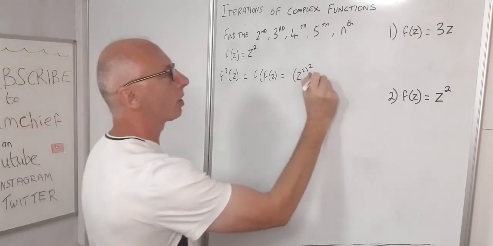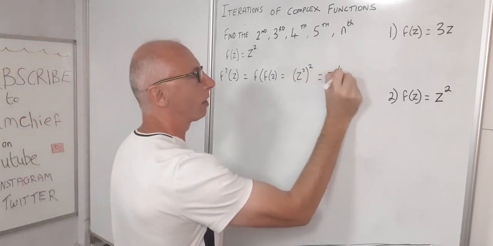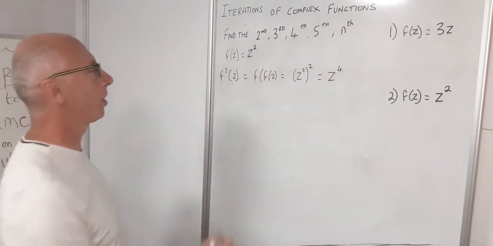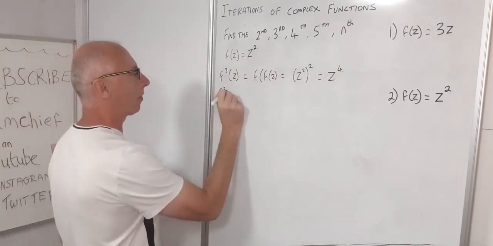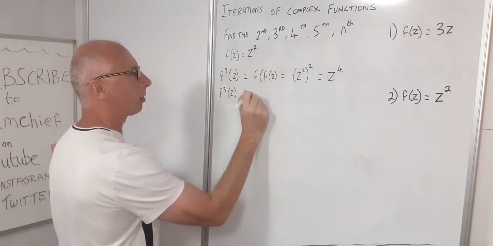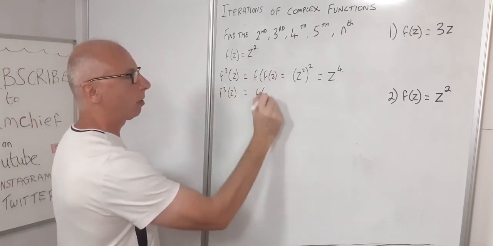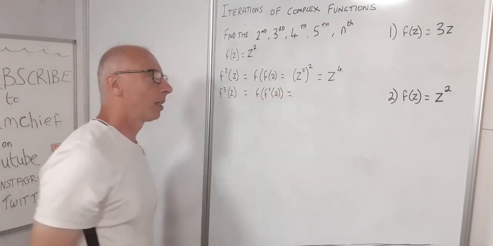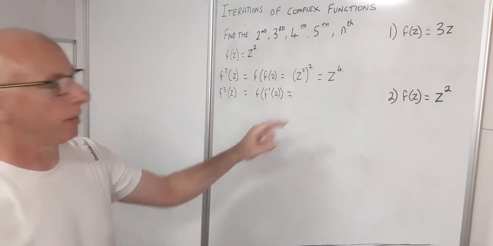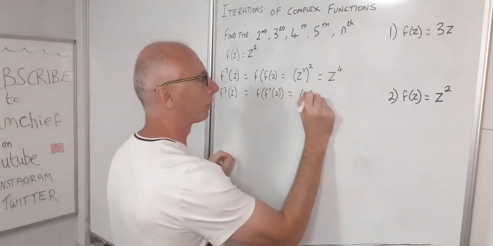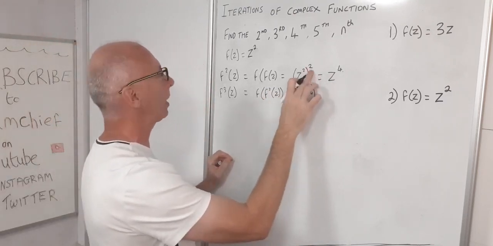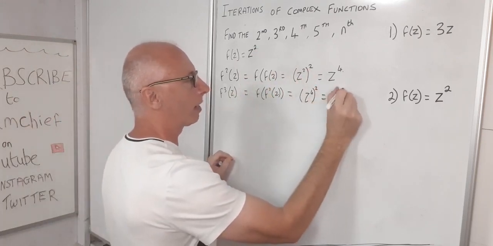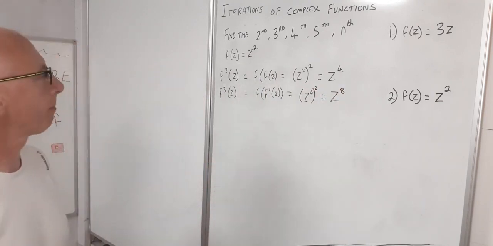So then that equals z to the 4. That's our second iteration. Let's try the third one. So f3 of z equals f of f2 of z. So f2 of z is z to the 4. And then we want to square that, because that's our rule, z squared. So then that's going to give us z to the 8.